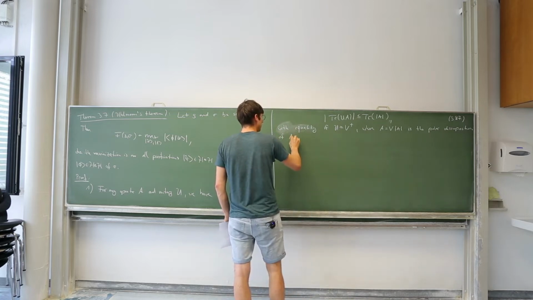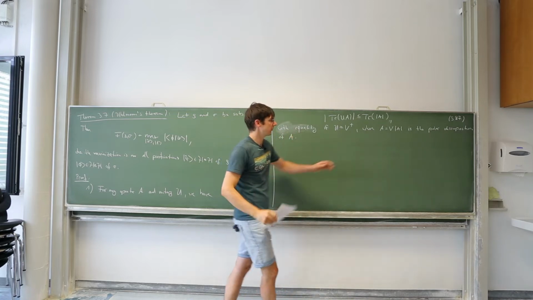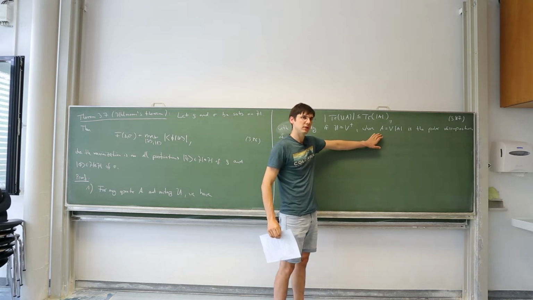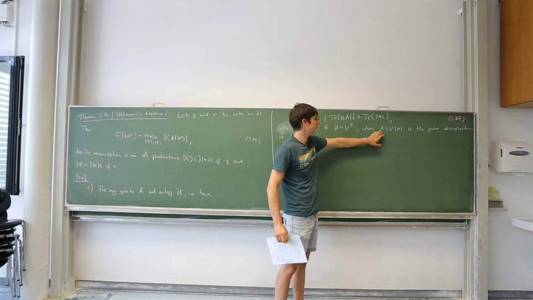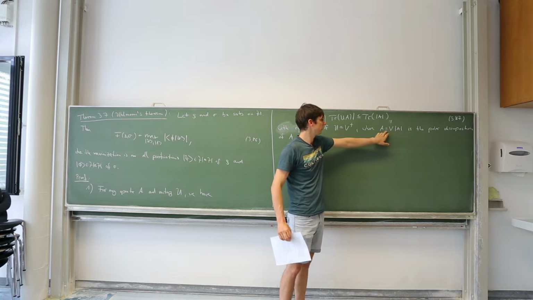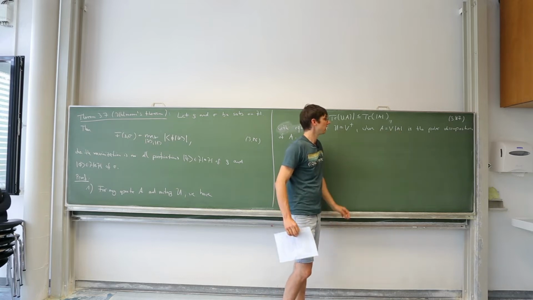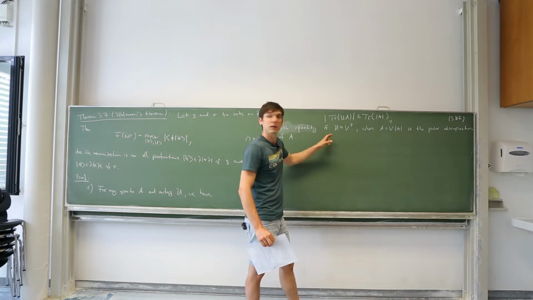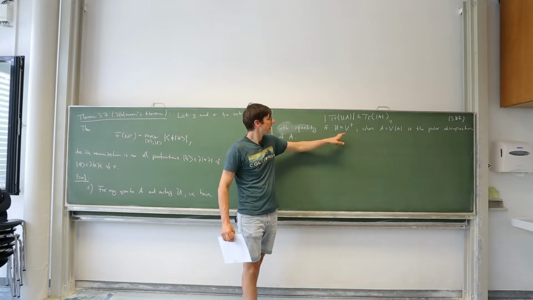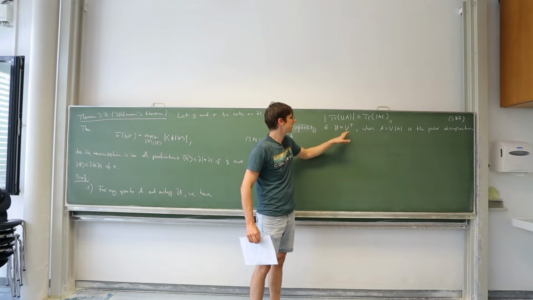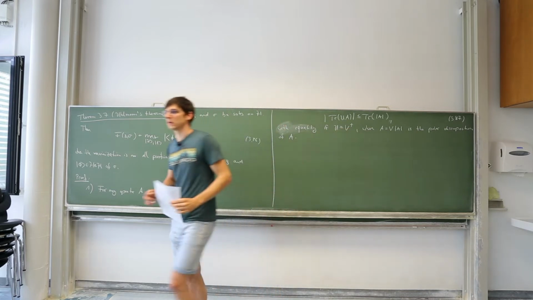Sorry, I forgot to mention this. So remember the polar decomposition, which states that for any operator we can bring it in this form with V unitary and modulus of A being the modulus of the operator A. Right? So the inequality saturates if U is V dagger.